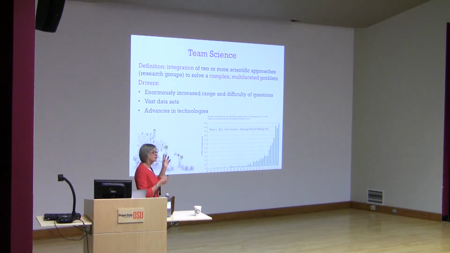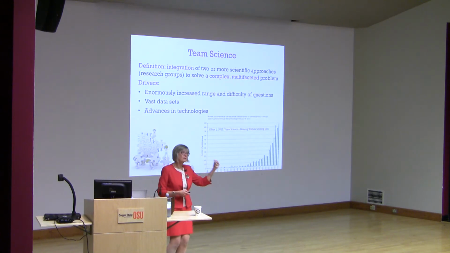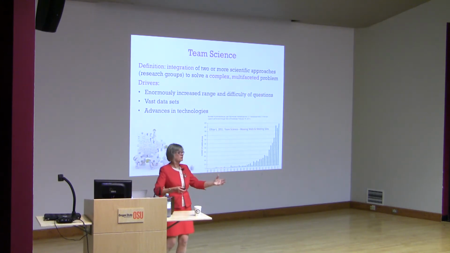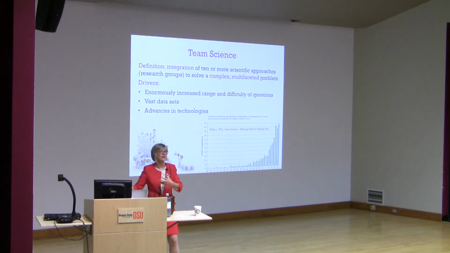We have large data sets that we really have to analyze, and we have very big advances in technologies, so that if you are a hardcore NMR spectroscopist, you may be very good at what you're doing, but if you need another methodology like cryo-EM, yes, I can dabble in it, but I think what is much more powerful is if I team up with somebody who's really an expert in cryo-EM, and then together we can solve the problems more effectively.